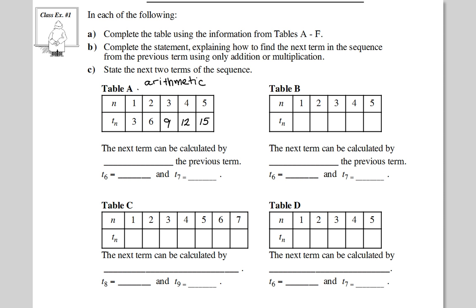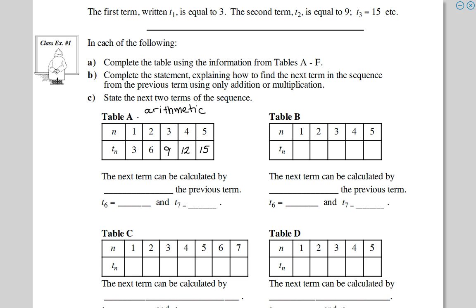Okay, so we have two spots in the table. Just like when you were doing relations in Math 10, you had an x and a y, two variables. It's similar to that. What you have here is n, which is the number of the term in the sequence, and then you have tn, which is the value of that term. Let me jot that down up above for you.